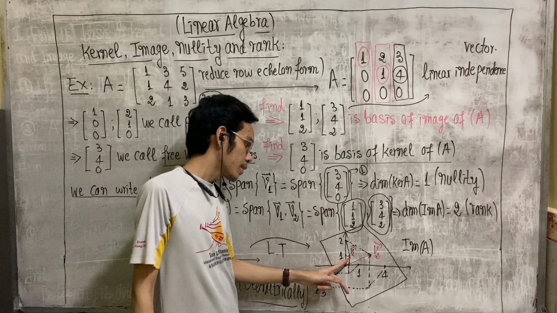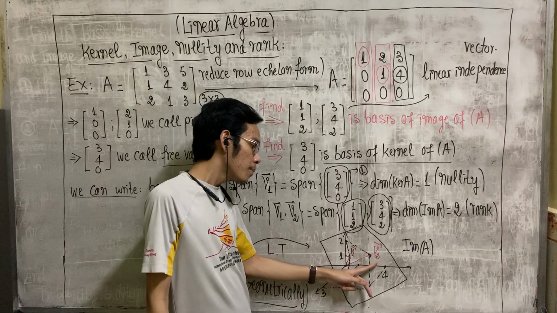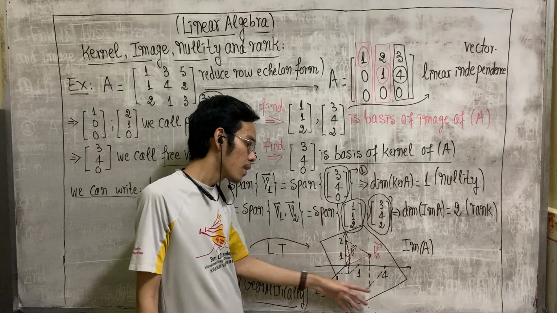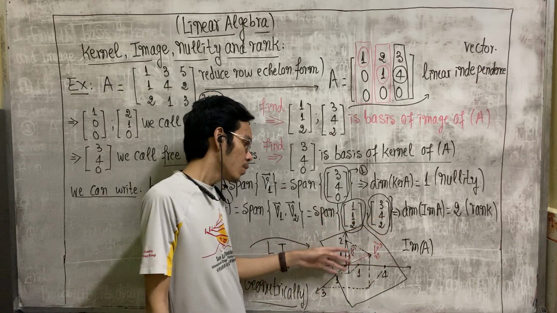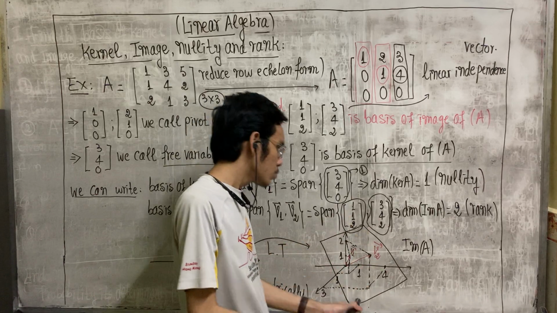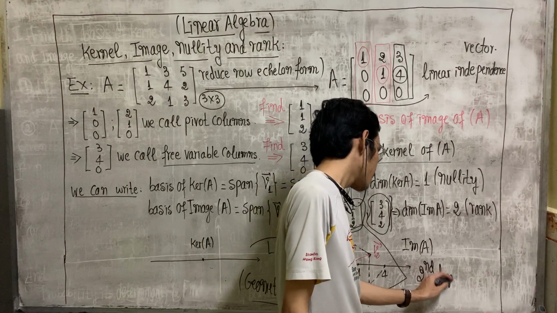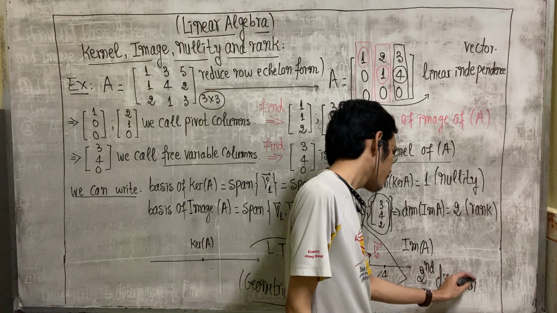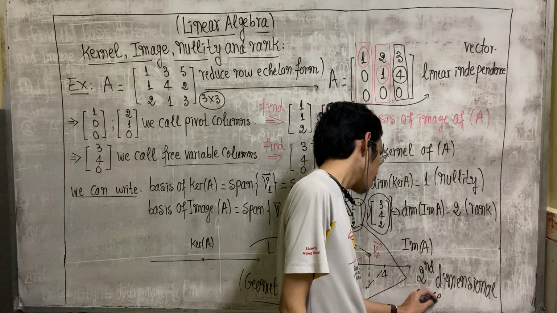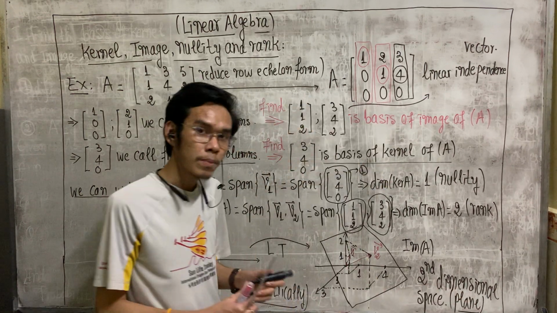If we take the vector v1 and make a linear combination with the vector v2, we call it a span. So the vectors v1 and v2 span a two-dimensional space, or we call it a plane.